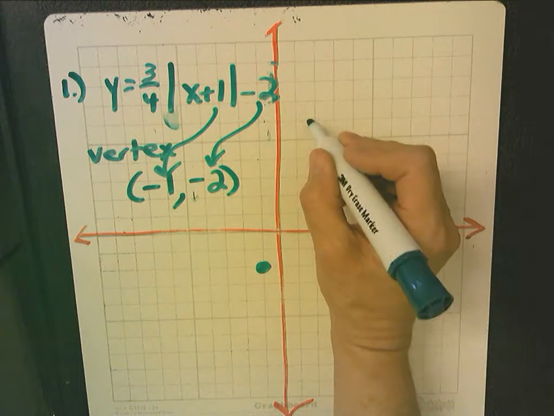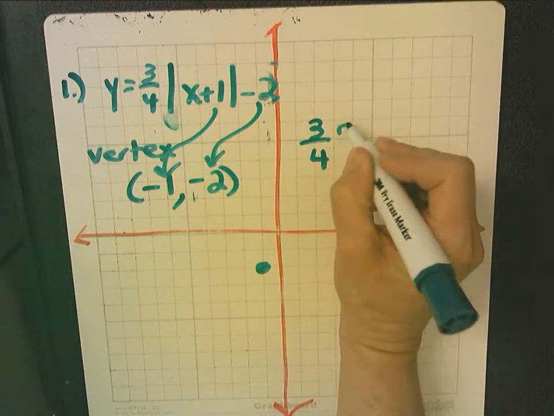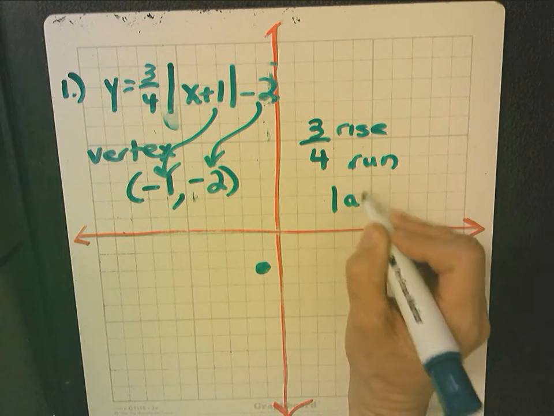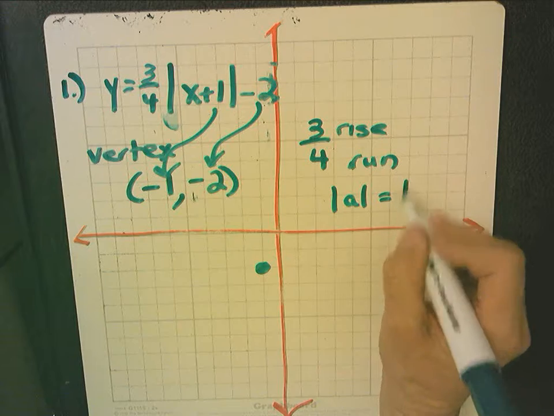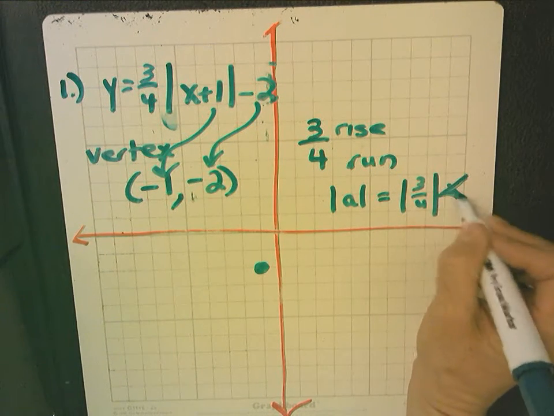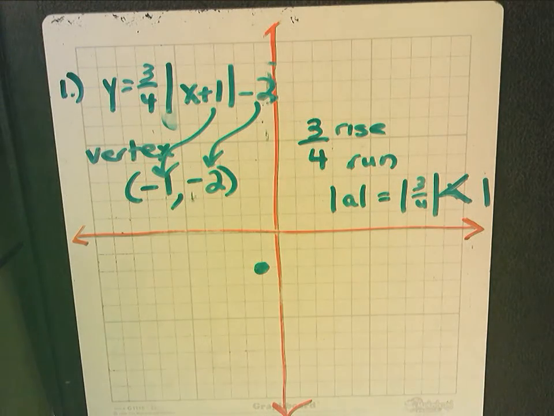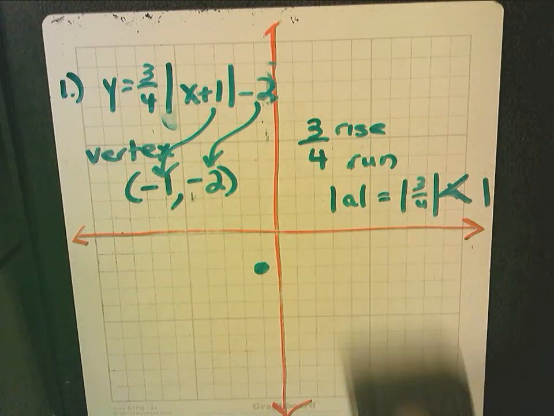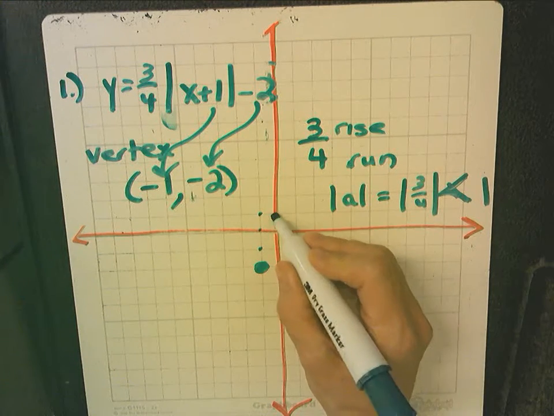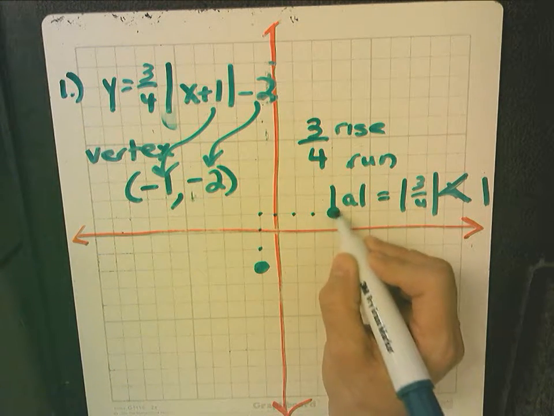Now a is 3 over 4, which is my rise over my run. The absolute value of a, or the absolute value of 3/4, is less than 1. So this is going to be a vertical shrink. So I go up 1, 2, 3, over 1, 2, 3, 4.